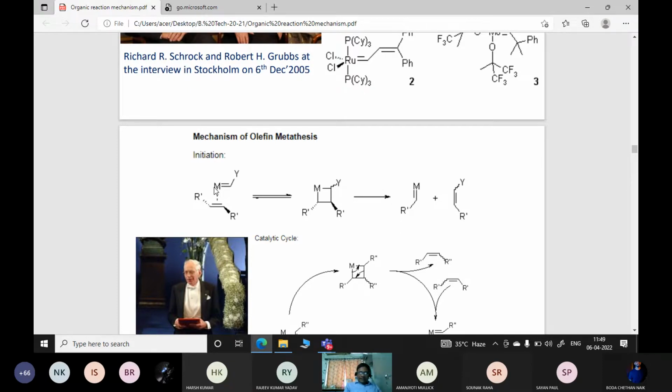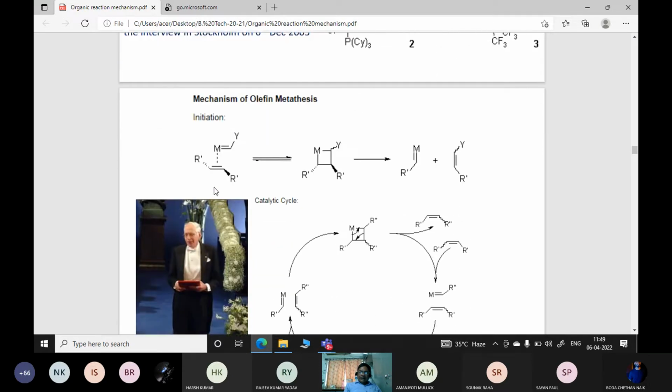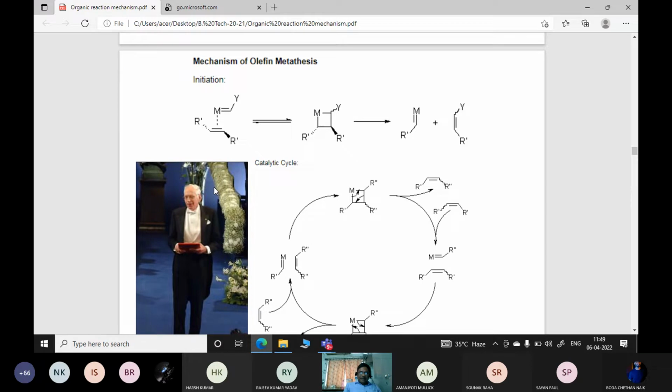So this reaction is also a milestone, and now I will show you the mechanism of the metathesis reaction. In the mechanism you see here, this is the catalyst.